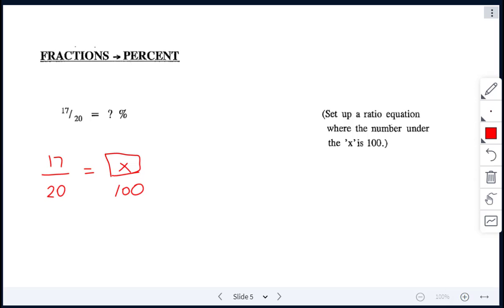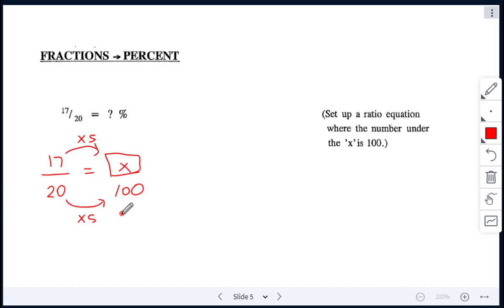Okay, so the first method we could use here is equivalent fractions. How many times do we multiply 20 to get to 100? So we can multiply 20 times 5. Right? 20 times 5 will give me 100. So therefore, you could do the same thing to the numerator. You'd also multiply by 5 to give us the value of x here.